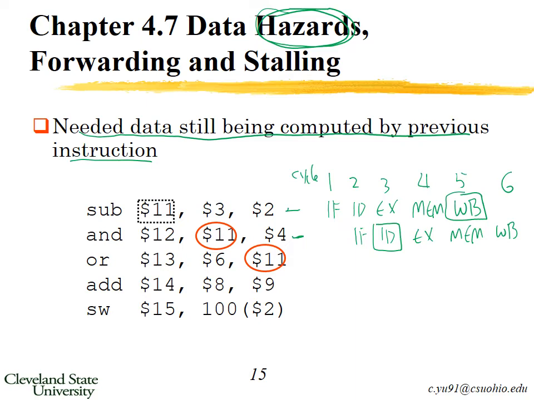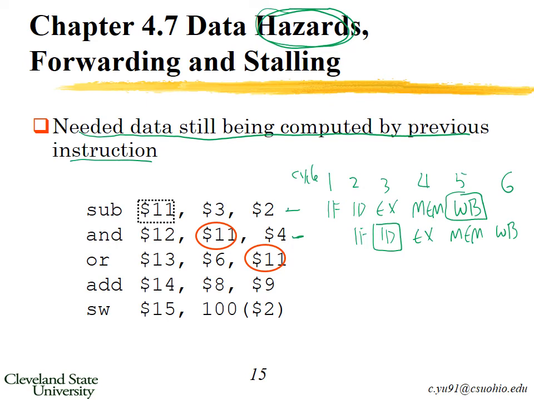So according to our structure, the new value of register 11 is updated in cycle 5 in the write back stage. On the other hand, the AND instruction reads the two source registers during the ID stage at cycle 3. So we need the updated value of register 11 at cycle 3, but it is only available at cycle 5.